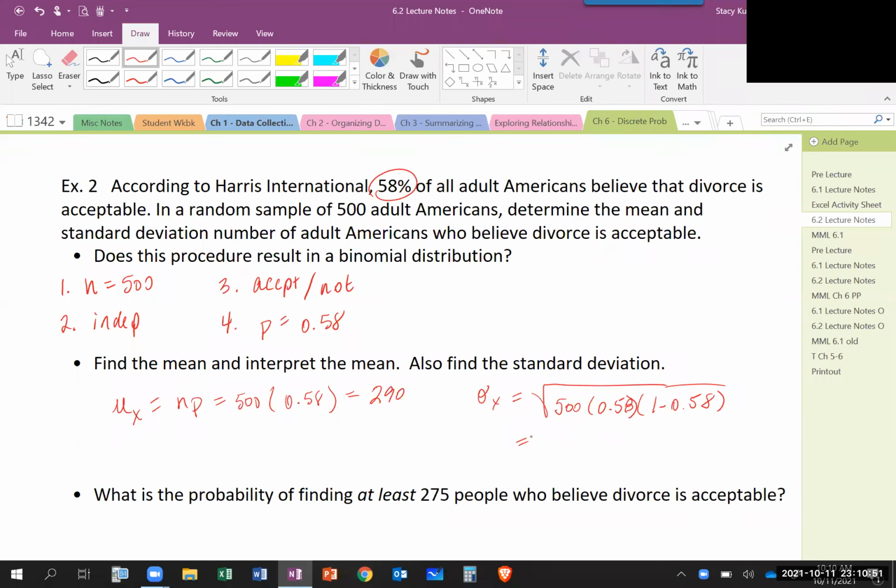There's a little bit of a learning curve on your calculators as to when you're supposed to hit the square root symbol. It depends on what model and device you're using. But we end up with something like 11. You want to make sure that you can get this value on your calculator. Does anybody have a question on how to do that? Is everybody able to get that on their calculators? Even on the cell phones?